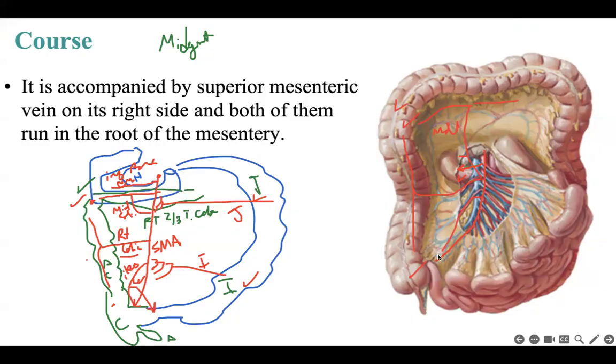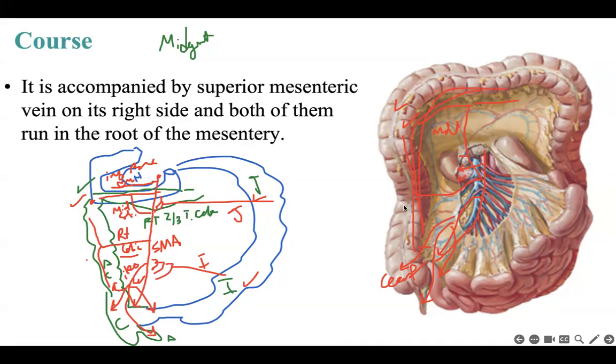The ileocolic will supply the terminal part of the ileum and also give a branch to the appendix, the appendicular artery, and also supply the cecum through the anterior and posterior cecal arteries, and also supply the ascending colon. And all these arteries anastomose together.